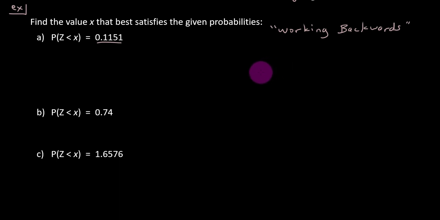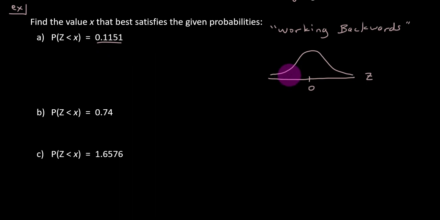Again, I'm going to use pictures to help guide me. So with these normal distributions, because it's the standard normal, 0, middle, and we've got the less than symbol here. Z is less than what? That gets us 0.11.